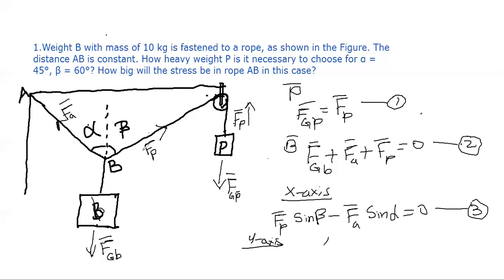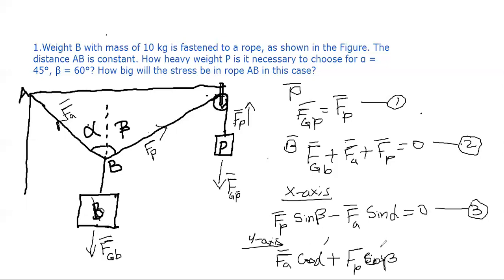Fa cos alpha, this is the cosine component of force Fa, plus Fp cos beta, which is also a cosine component of Fp, minus Fgb, because in the y-axis both these forces are upwards, in the positive direction, and Fgb is in the negative direction.